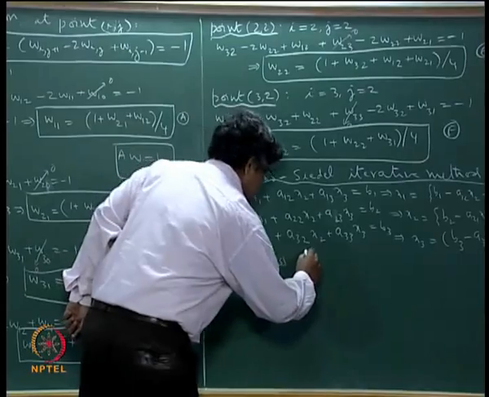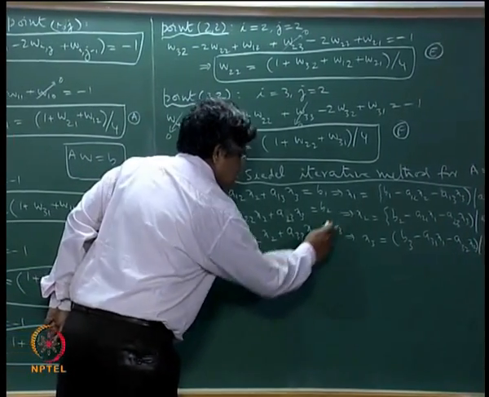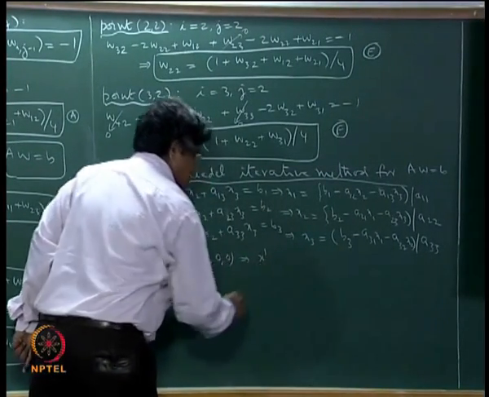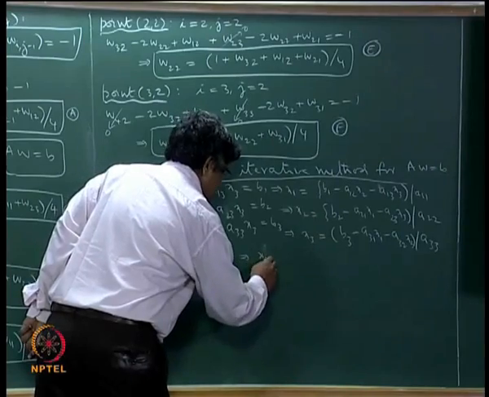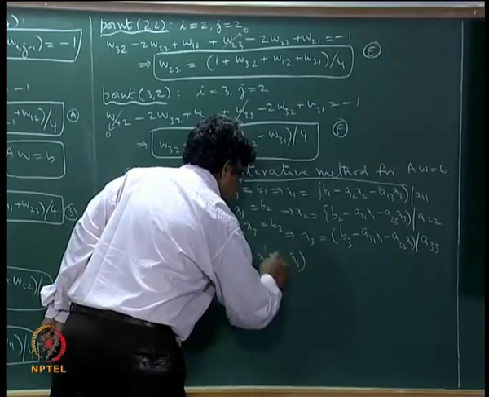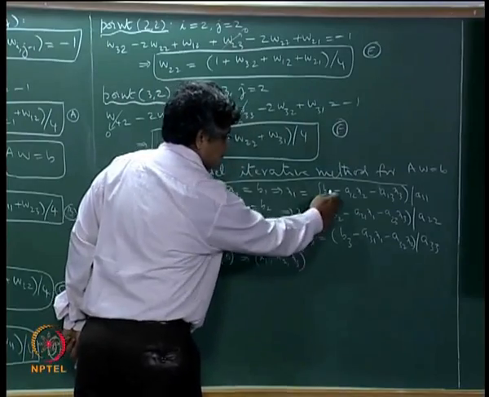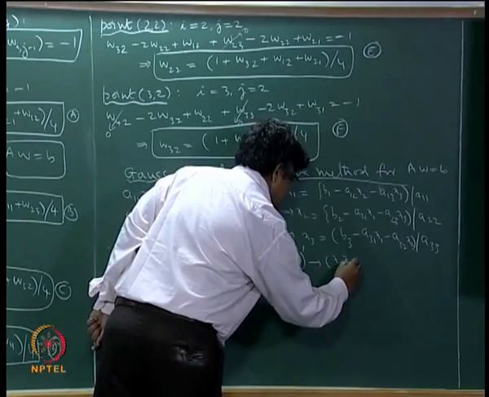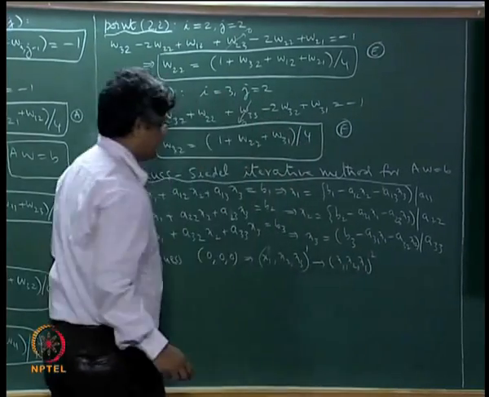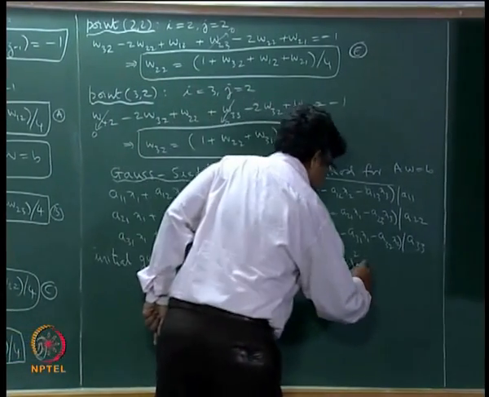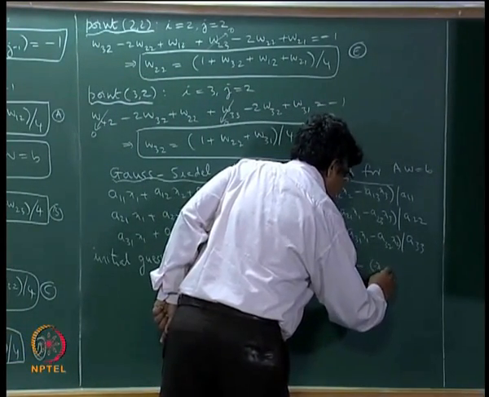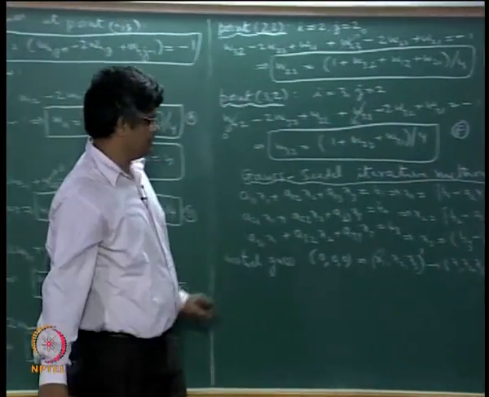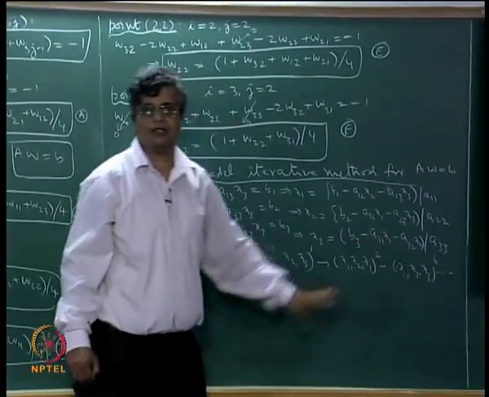So we can start with an initial guess 0 0 0 for x1 x2 x3, and we can get x1 x2 x3 at the end of the first iteration by successively substituting in this, and then from this we get again x1 x2 x3 in the second iteration by again substituting, and then we go on to x1 x2 x3 for the kth iteration until we reach successive values of x1 x2 x3 which are not changing.